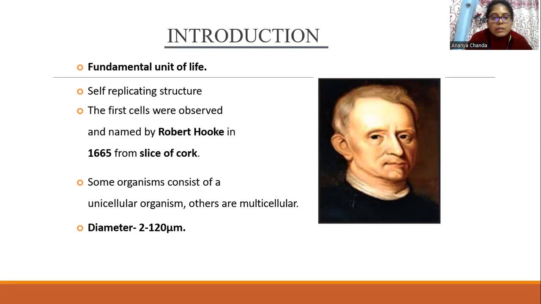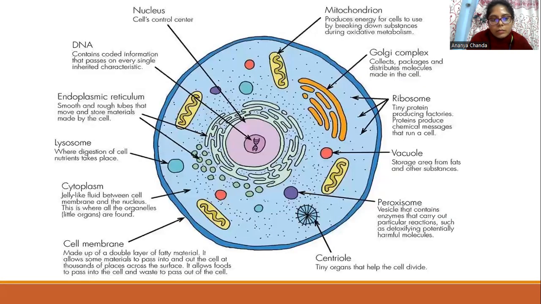It was first discovered by whom? Robert Hooke, who named the cells from a slice of cork in 1665. Some organisms, as I have told, can be unicellular or multicellular, and the diameter is approximately 2 to 120 micrometers.